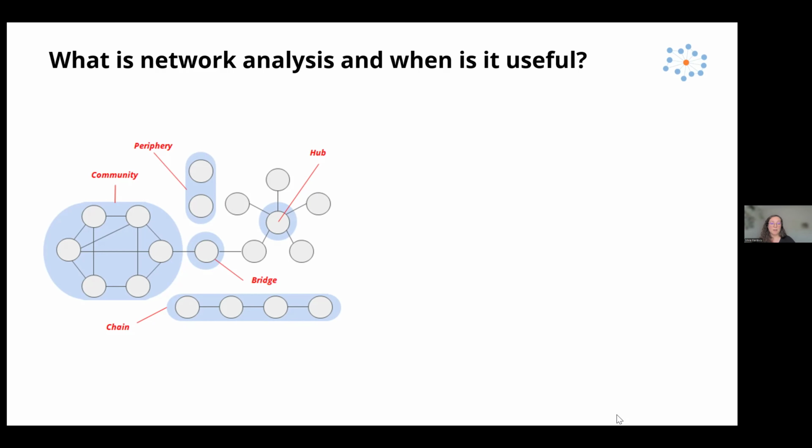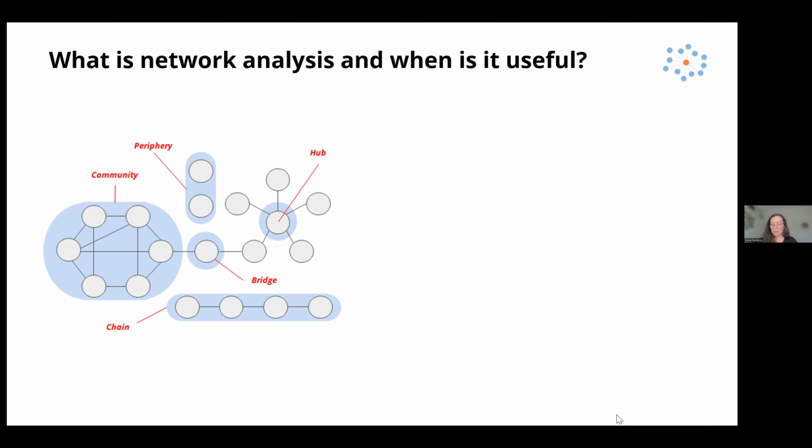We can identify influential individuals or organizations. We can identify communities, and we can see other patterns as well, like chains or star configurations or very cohesive configurations, or even identify nodes at risk or nodes that are isolated from the rest of the ecosystem.